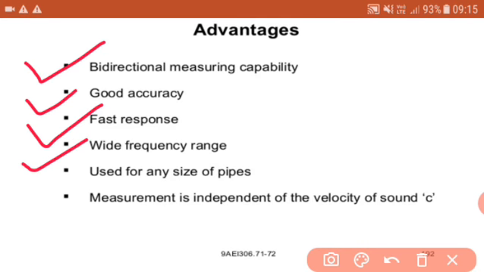It is used for any size of pipes, because we are mounting outside the pipe, so there is no limitation of pipe size. Measurement is independent of the velocity of sound C.